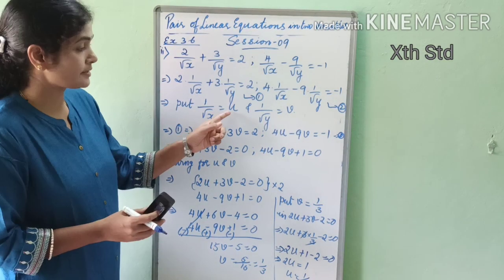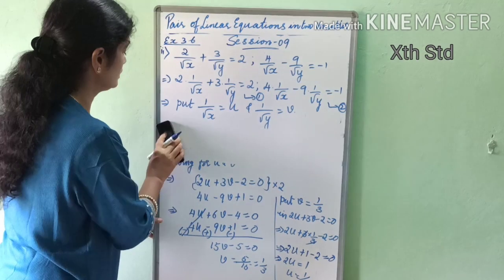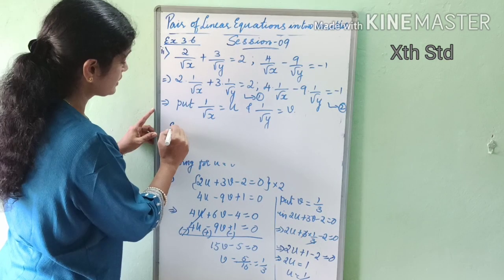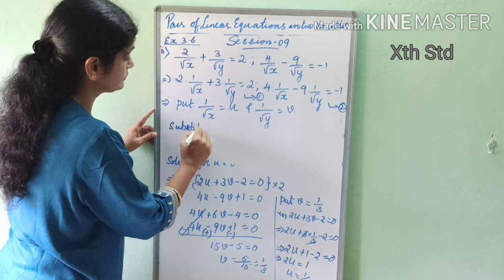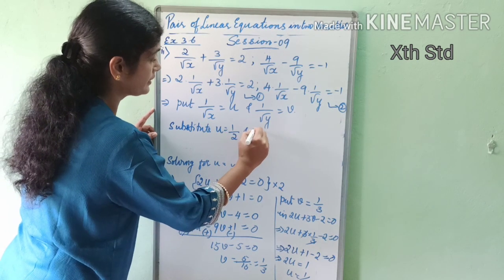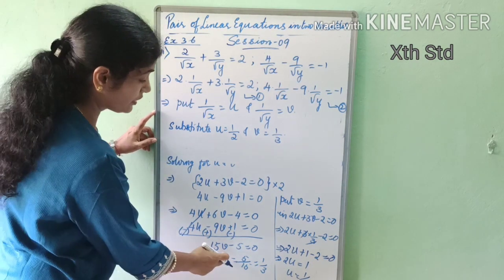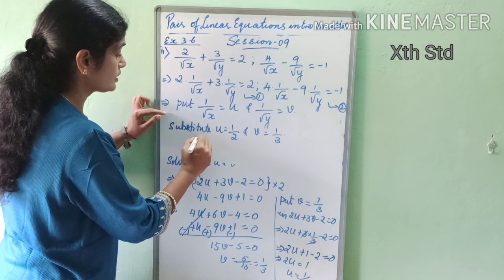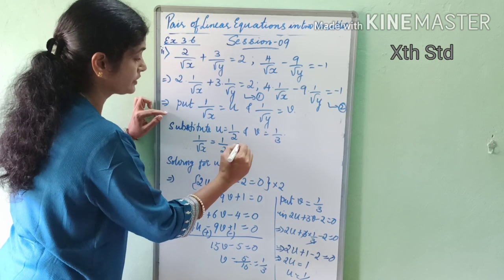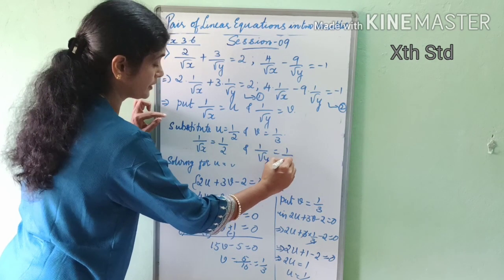Okay, now we have to substitute it back. So what we will do, substitute u equal to 1 by 2 and v equal to 1 by 3. So 1 by root x is equal to, instead of u, it is 1 by 2, and here 1 by root y is equal to 1 by 3.